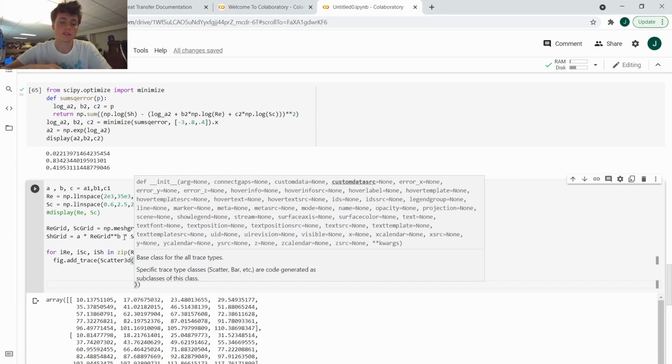We also want to change the mode here. It would give us lines, but it's also going to show the markers and everything, and it gets cluttered, so we're just going to change the mode to just show lines.